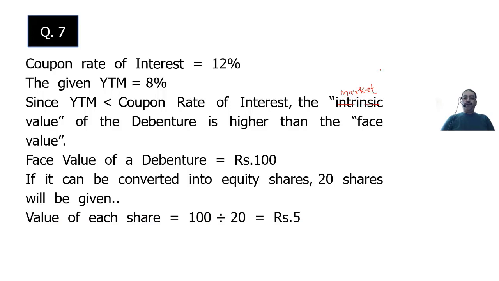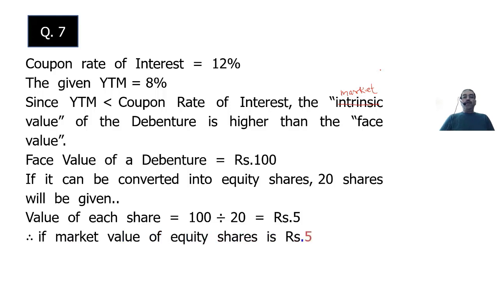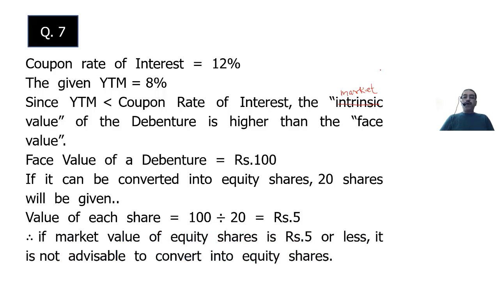That is 5 rupees. So I conclude that if market value of equity shares is 5 rupees or less, it is not advisable to convert into equity shares. Because if I sell 20 equity shares at 5 rupees, I get back 100 rupees. What is the point in conversion? I'll let it remain as a debenture only. At least I will get the fixed rate of interest.